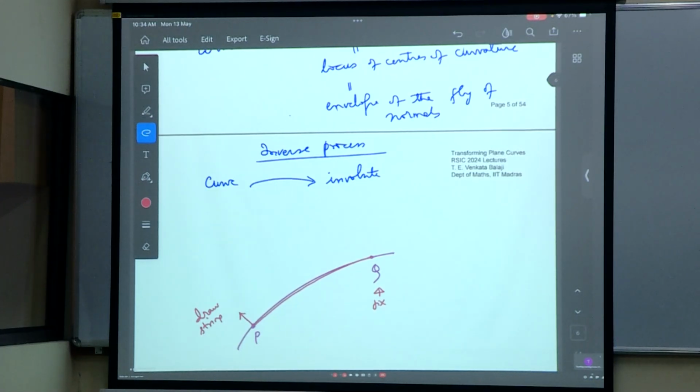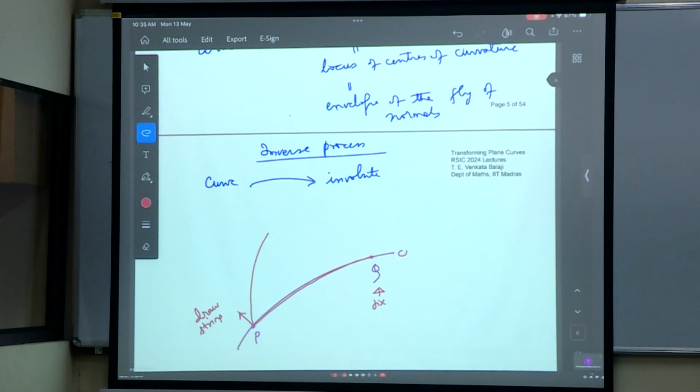And you are just supposed to unwind, okay? It's like unwinding this curved string with the other point Q fixed. So what will happen is that you will get a curve like this, okay? And so if this is the curve, let me just not put Q symbols.